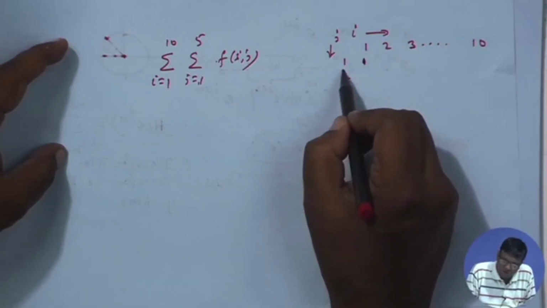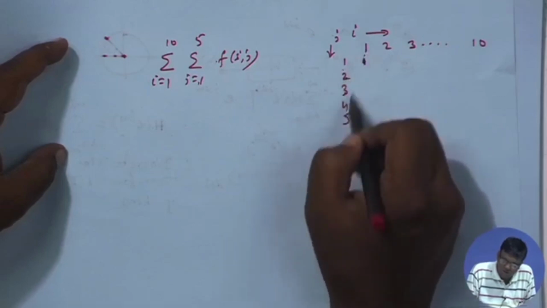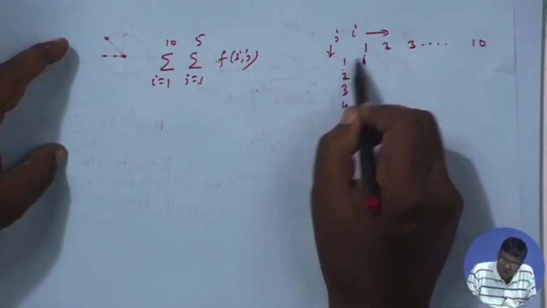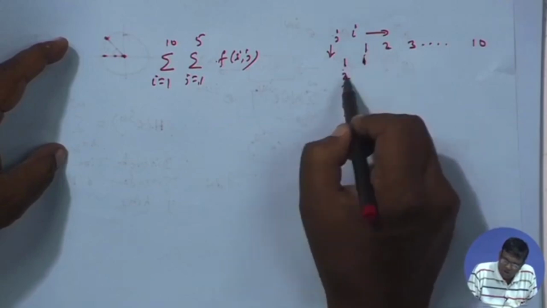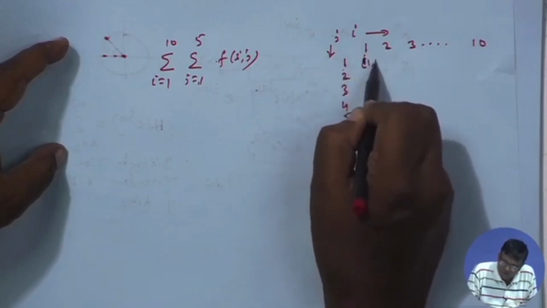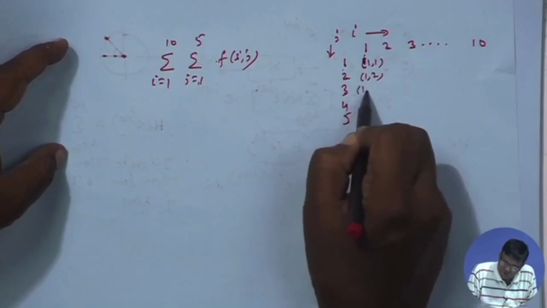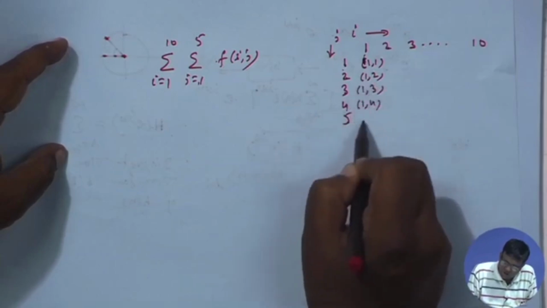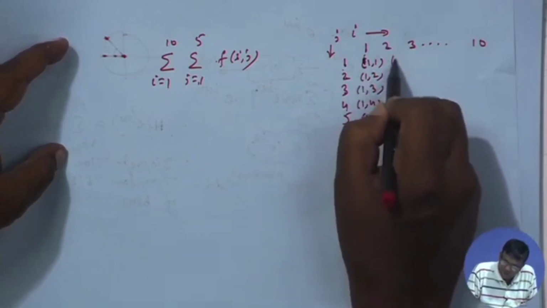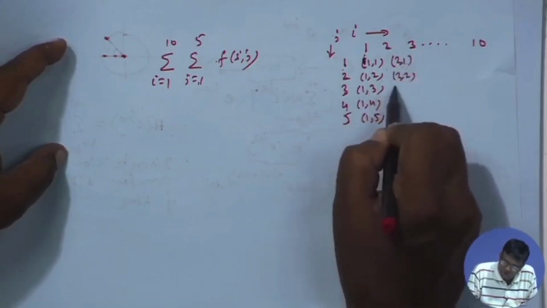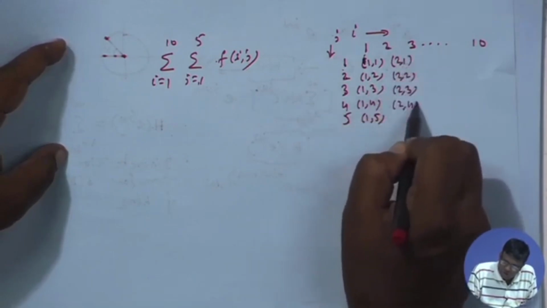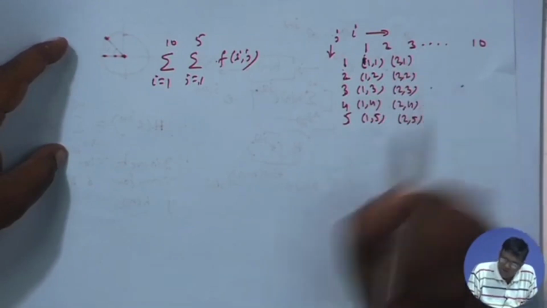So 1 comma 1, 1 comma 2, 1 comma 3, 1 comma 4, 1 comma 5, then 2 comma 1, 2 comma 2, 2 comma 3, 2 comma 4, 2 comma 5, and so on.